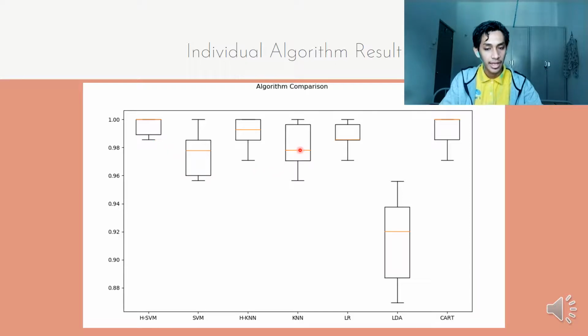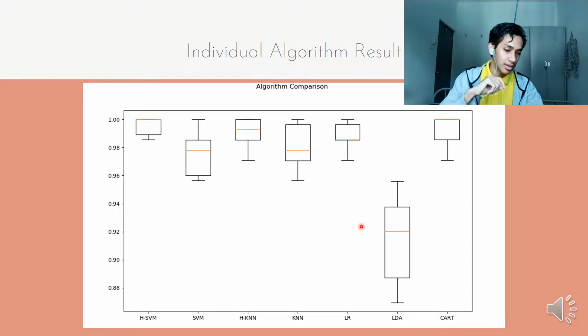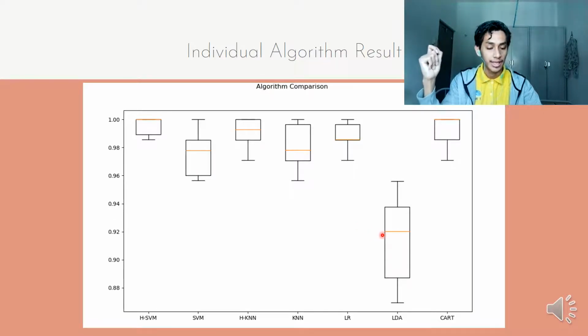For KNN, it has lower mean and higher standard deviation compared to the tuned one. So tuning has improved the performance of each algorithm. The worst algorithm for this project is LDA, which has 0.92 median and a big standard deviation compared to others.